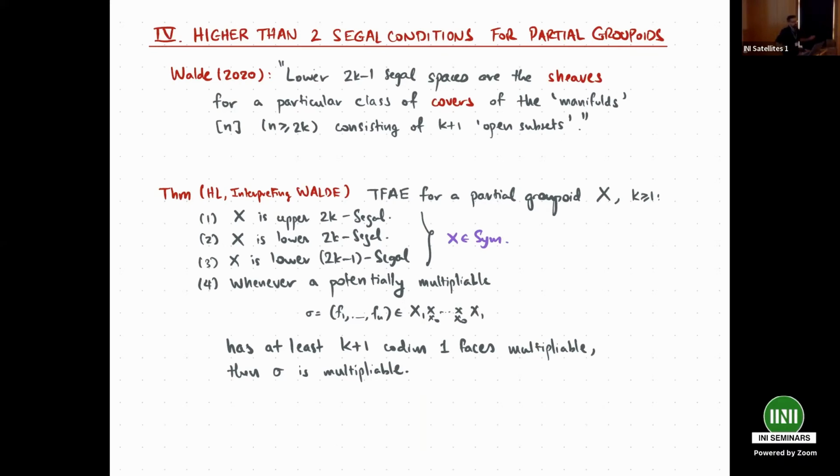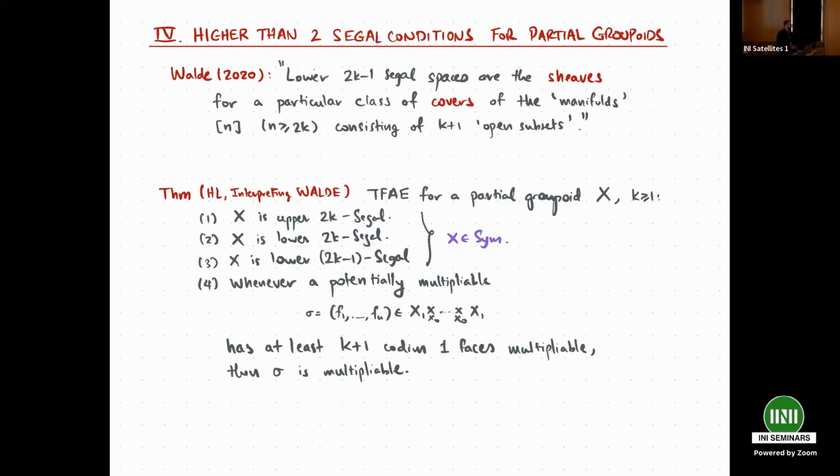Without telling you what these higher Segal conditions are yet, I would like to mention a theorem that comes from interpreting Walde's paper in this context of, say, a symmetric set: X is upper 2k-Segal if and only if it's lower 2k-Segal, and only if it's lower 2k minus 1 Segal. But that's true for any symmetric set.